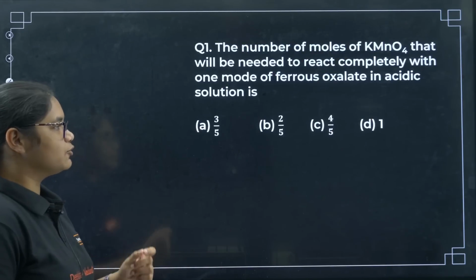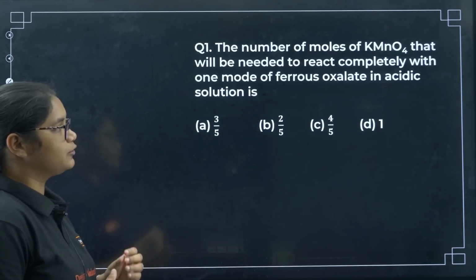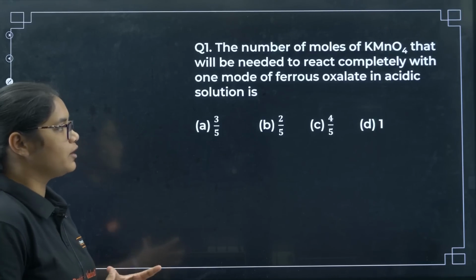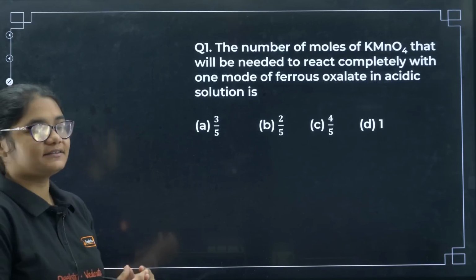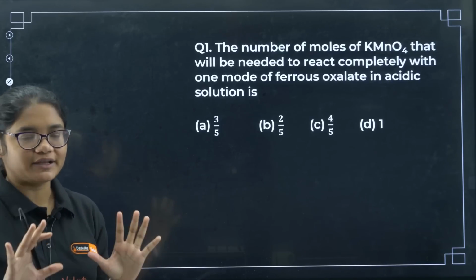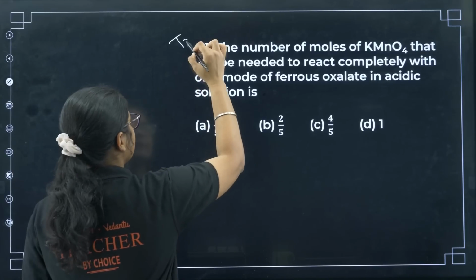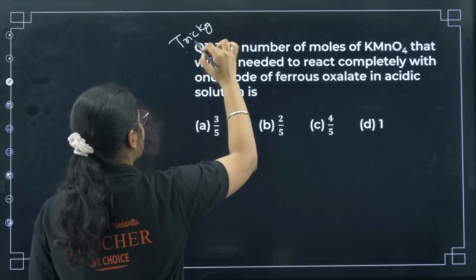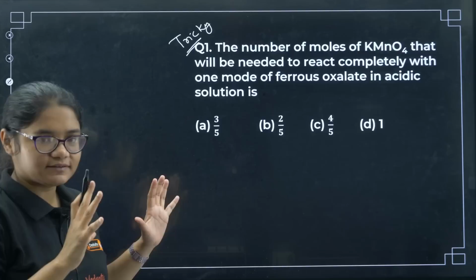The number of moles of KMnO4 that will be needed to react completely with 1 mole of ferrous oxalate in acidic solution is. This question is a little bit tricky, so please understand it properly.